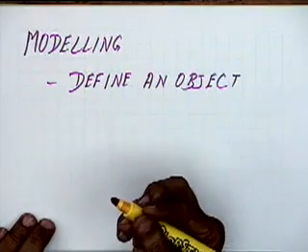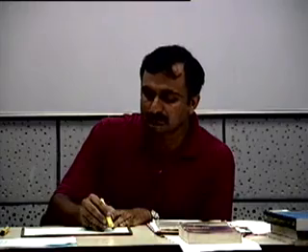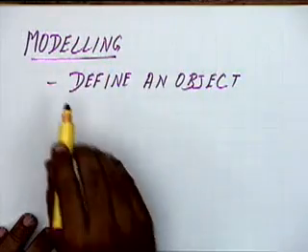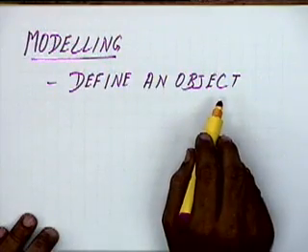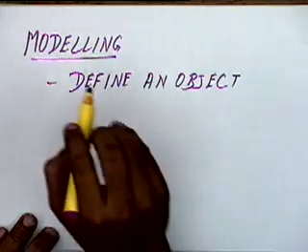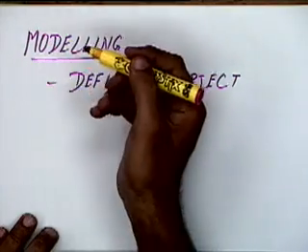We take a simple object, we want to define it on the computer. We want to define it using some modeling techniques. The first thing that modeling deals with is how to define an object. That is going to be the first important part of modeling.